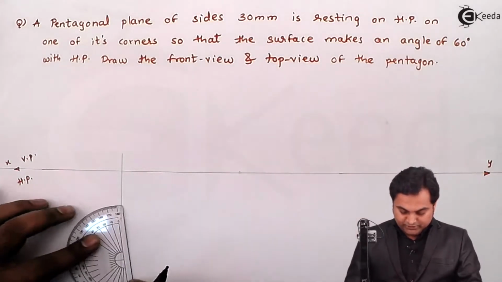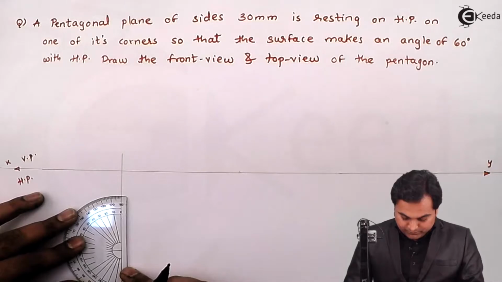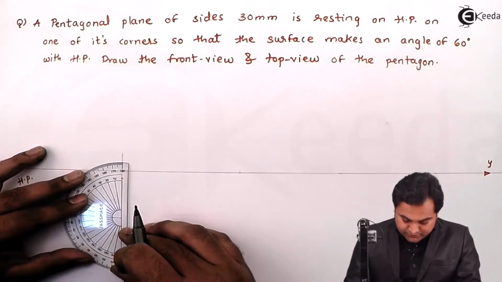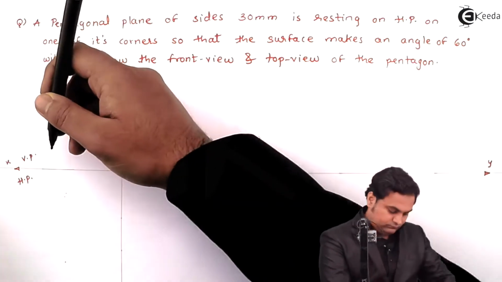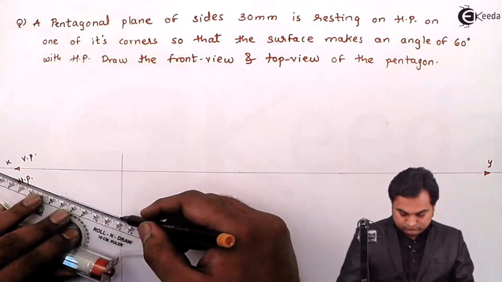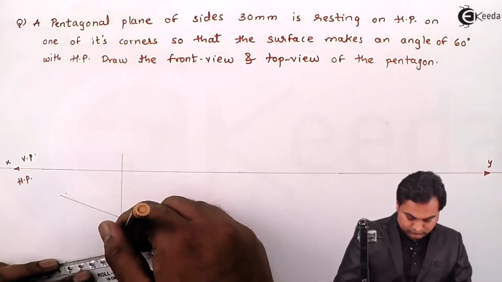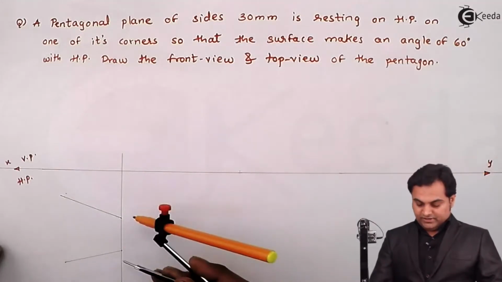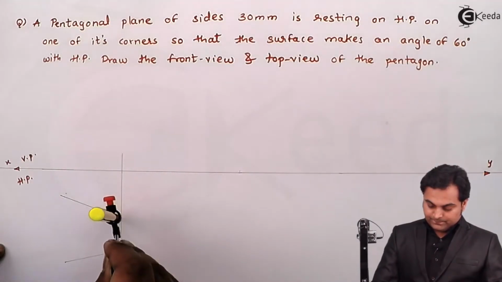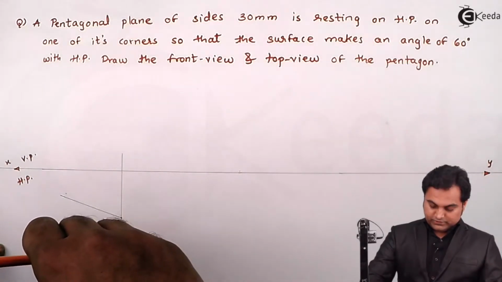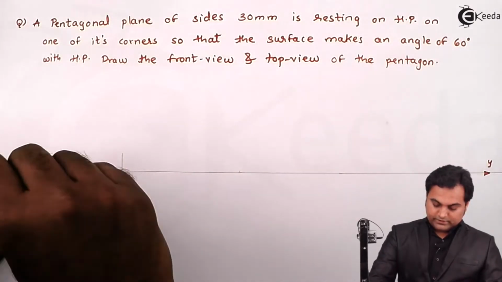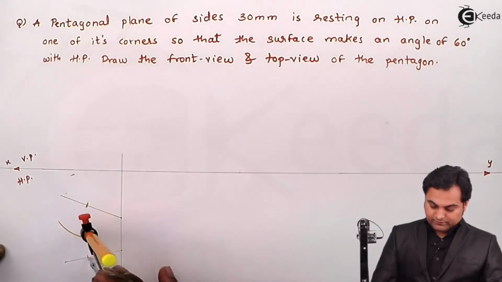Then measuring 72 degree from a point here, and 72 degree from the other side as well. It is 30 mm side, so for that I'll measure this 30 mm distance, plotting it over here, drawing a light arc, cutting it from the other side.